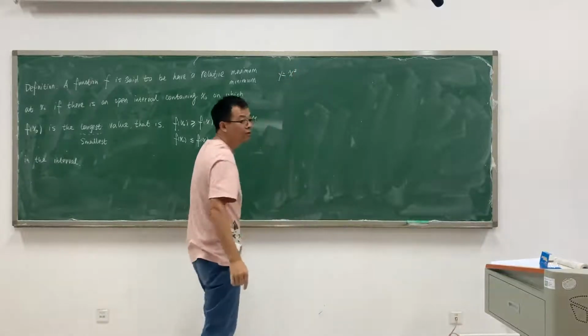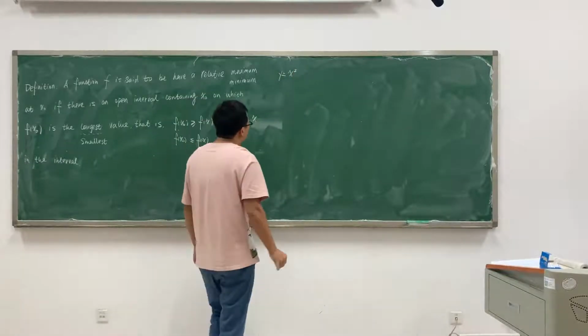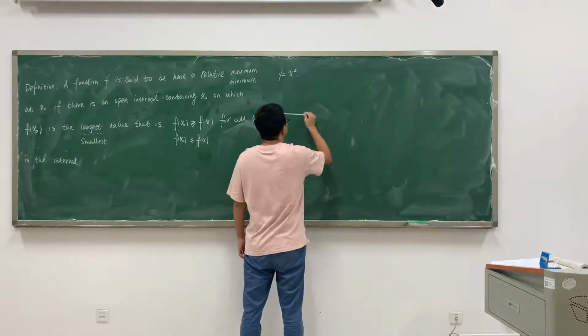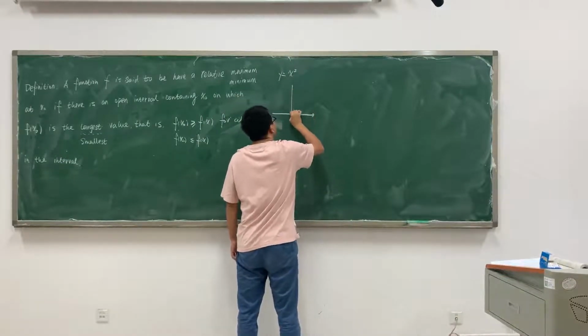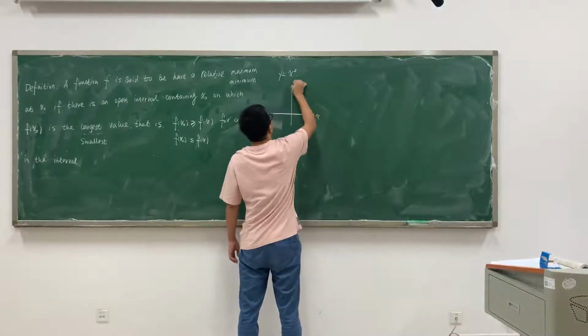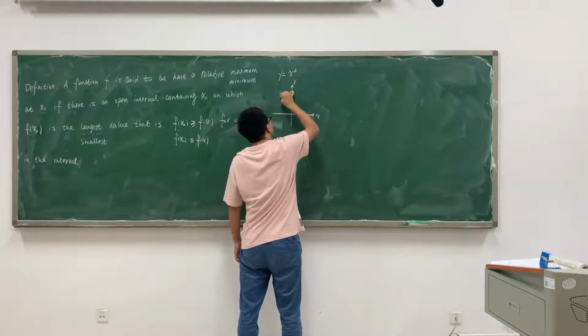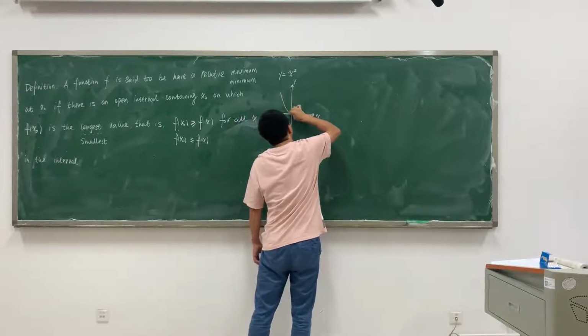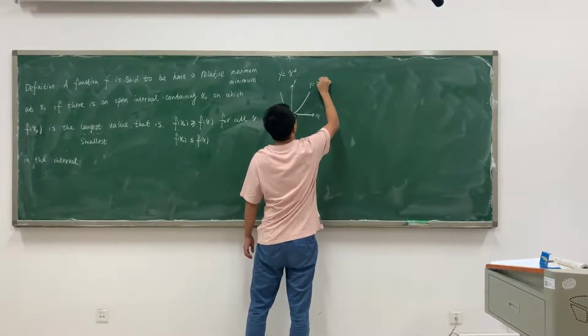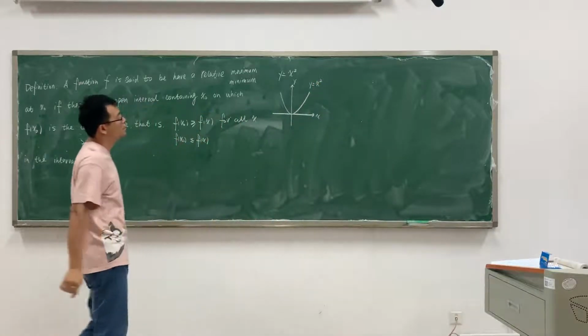For this function, we know the graph. The graph of this function is like this. Here is x, here is y, and here is y equal to x squared.